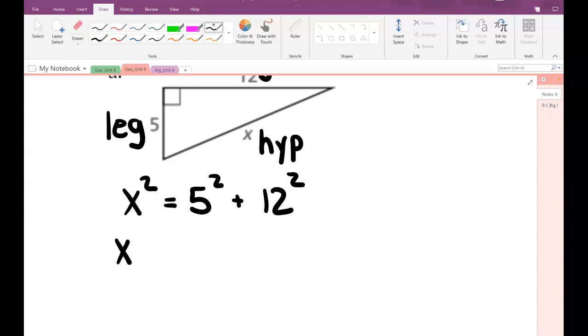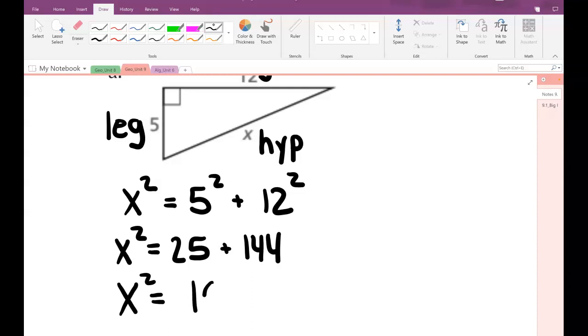Our left side stays the same. This would be 25, and this would be 144. So 25 plus 144, combining terms, we would get 169. So x squared is equal to 169.